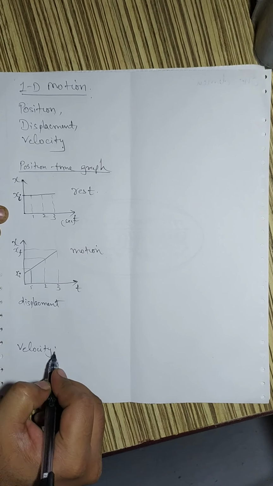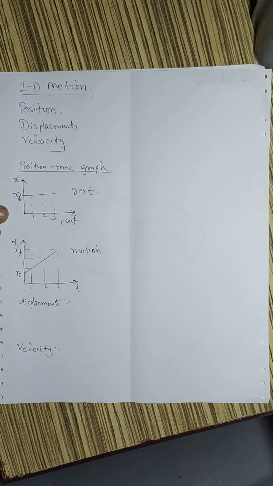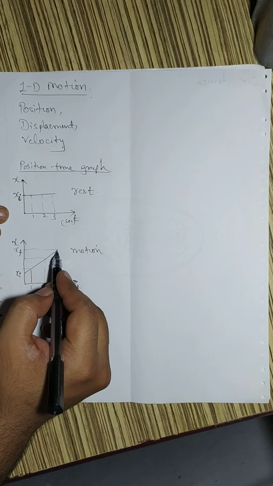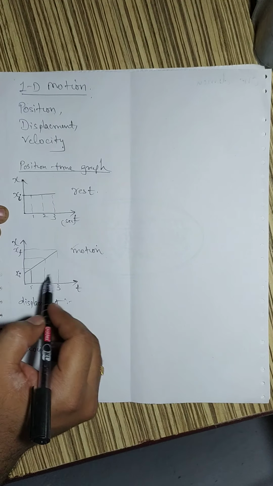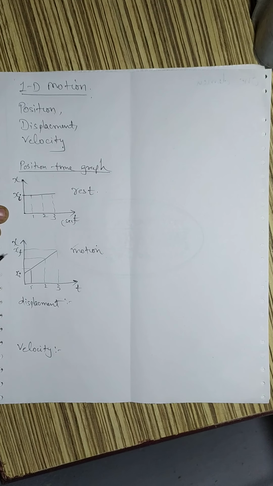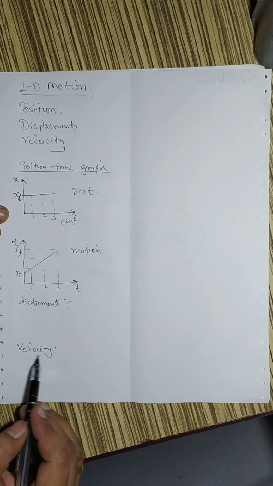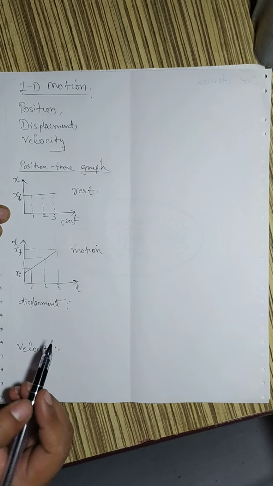How? If this graph represents motion, then from this graph we can calculate displacement, we can calculate velocity.